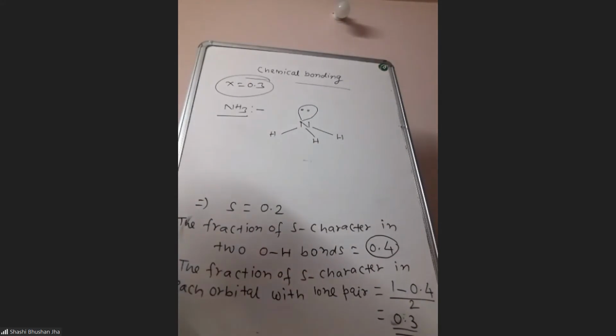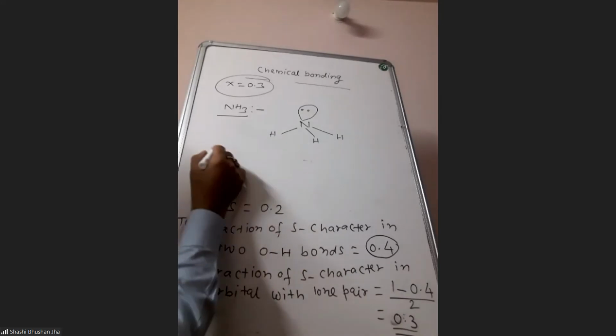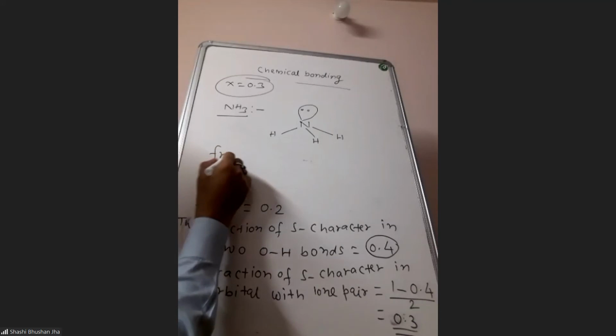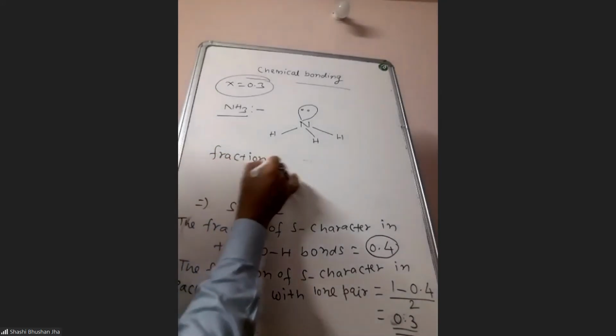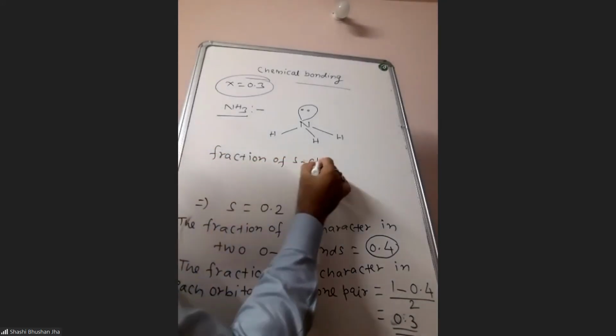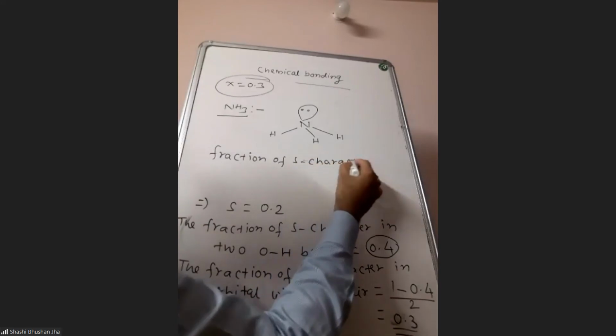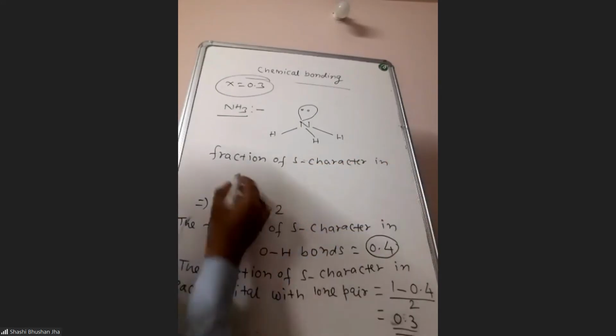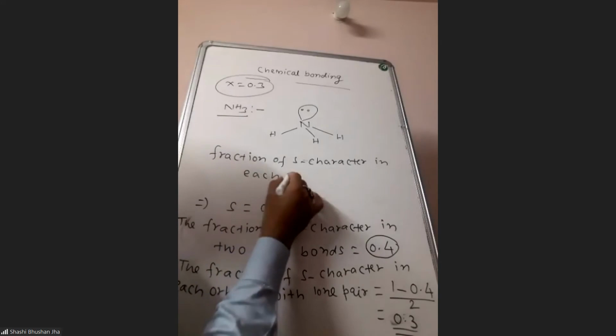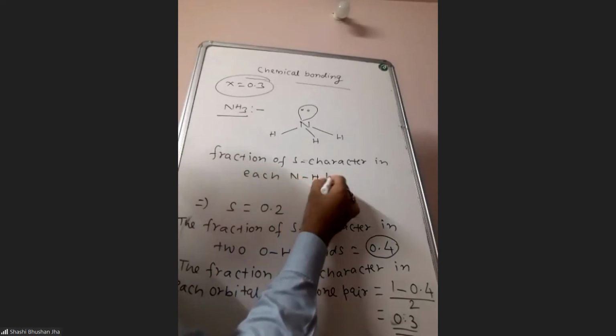Now bond angle is known to you, bond angle is 107. So use that relationship and calculate what is the fraction of S character in each nitrogen-hydrogen bond.